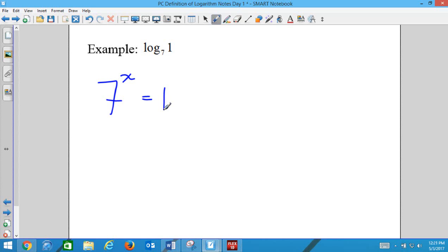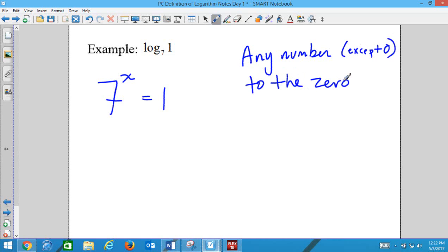So just remember, any number except 0 to the 0 power equals 1. So this answer is 0.